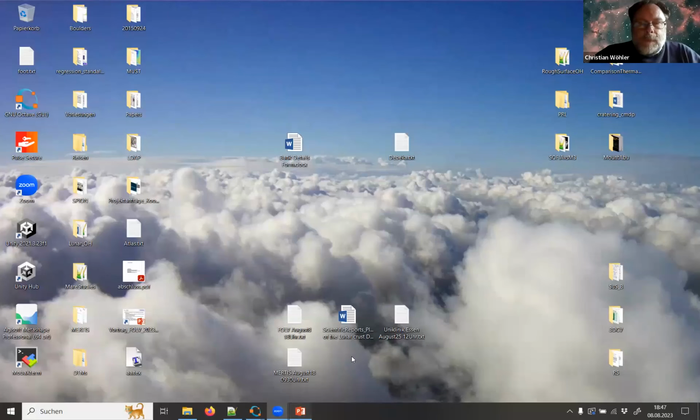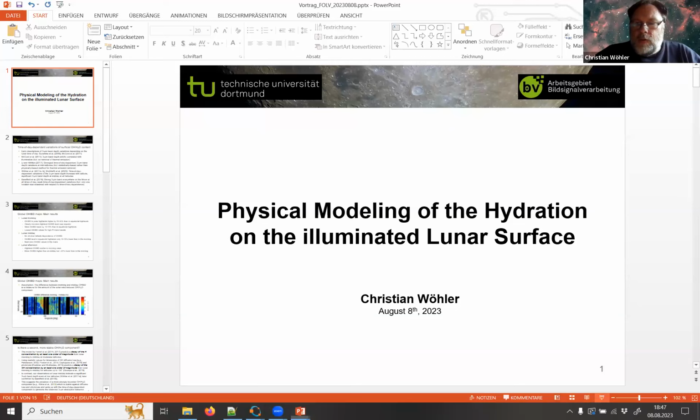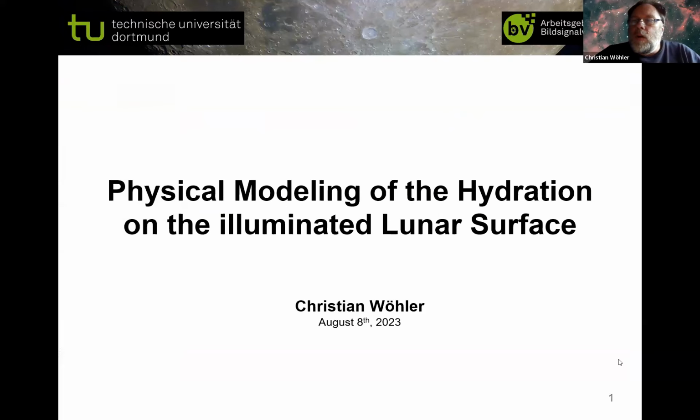I will not refer to permanently shadowed regions near the poles, but to the illuminated lunar surface at all latitudes where solar illumination is relevant.